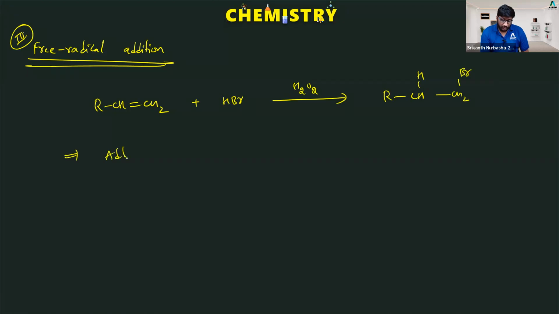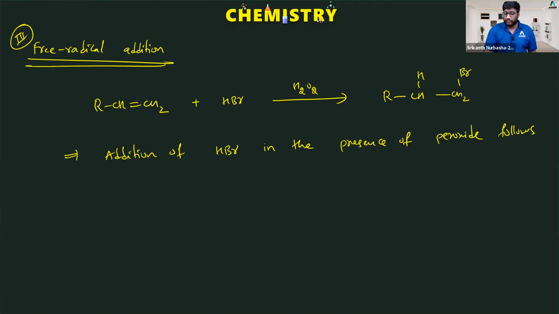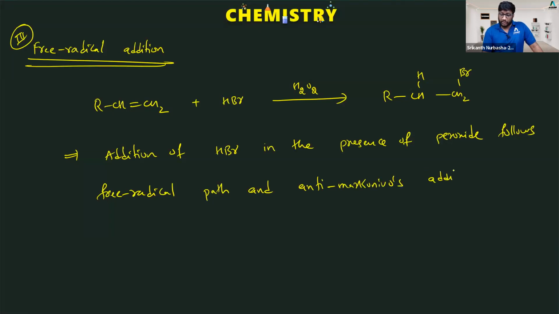Addition of HBr in the presence of peroxide follows the free radical path, and anti-Markovnikov addition occurs.